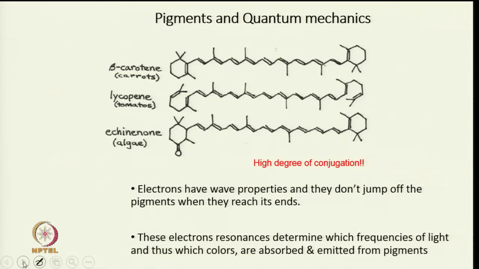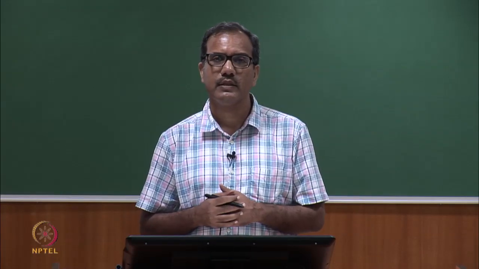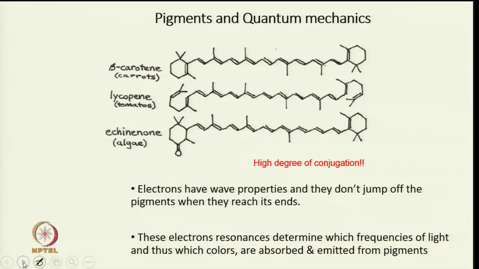Now, once you have this concept, you can go ahead and calculate the lambda value for different fruits. Let me give 3 examples of fruits, for example, carrot, tomato and algae. Their color is due to different conjugated molecules. For example, in carrots there is beta carotene and its structure is given here.